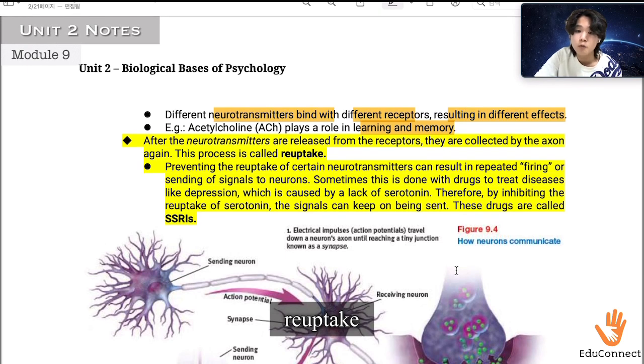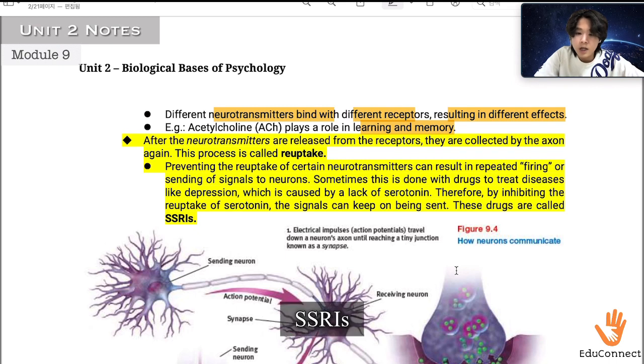And preventing the reuptake of certain neurotransmitters can result in repeated firing or sending of signals to neurons. Sometimes this is done with drugs to treat diseases like depression, which is caused by a lack of a neurotransmitter called serotonin. Therefore, by inhibiting the reuptake of serotonin, the signals can keep on being sent, right? And these drugs are called SSRIs.